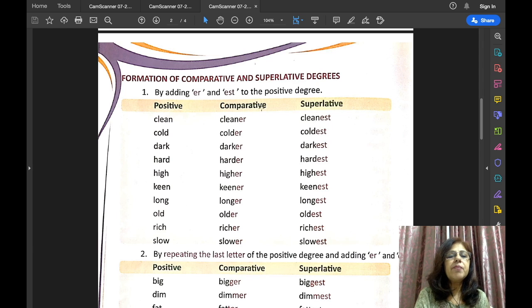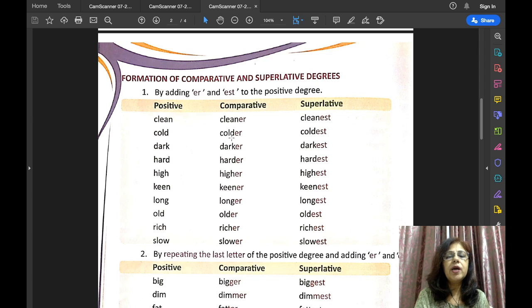For making comparative degree, we have just added ER with the positive degree. It is clean, it becomes cleaner when we add ER. And for making superlative degree, we add EST. With clean, we have added EST, so it becomes cleanest. Clean, cleaner, cleanest.